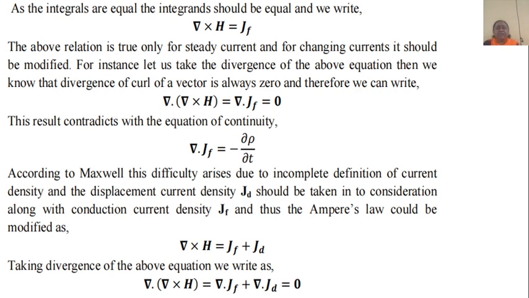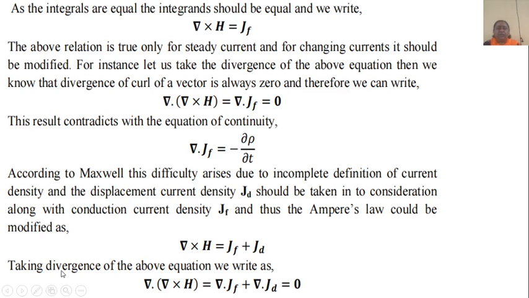According to Maxwell, this difficulty arises due to an incomplete definition of current density, and the displacement current density JD should be taken into consideration along with the conduction current density JF, and thus the Ampere's law would be modified as del cross H equal to JF plus JD.